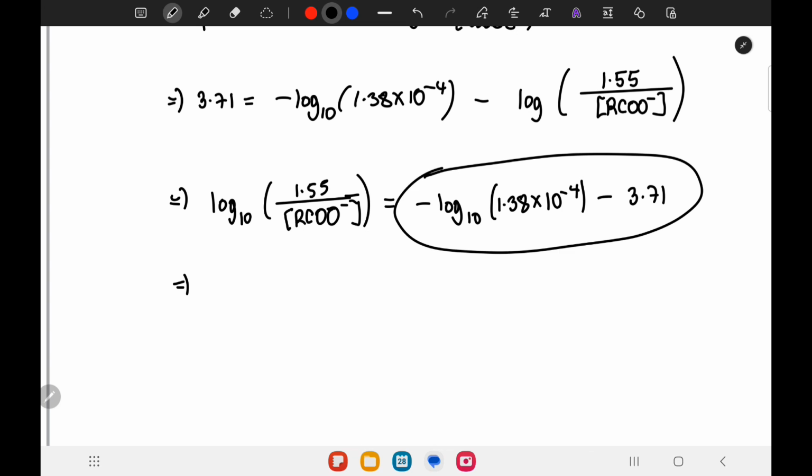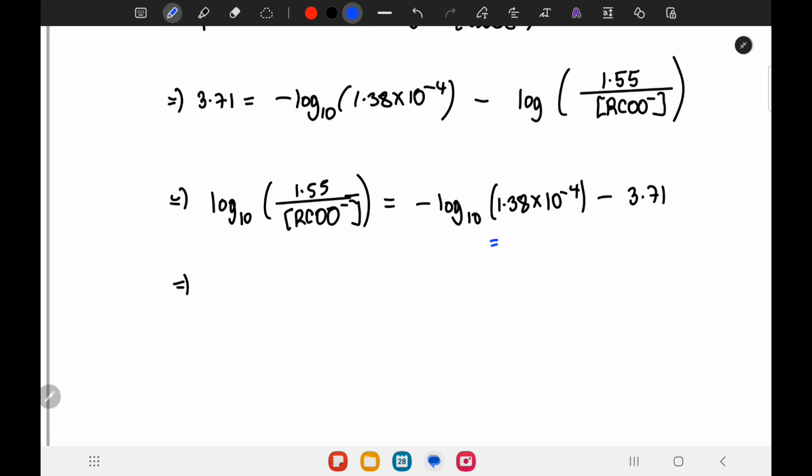If I calculate the right hand side, this comes out to be 0.1501. So 1.55 divided by the concentration of the conjugate base is equal to 10 to the power 0.1501.